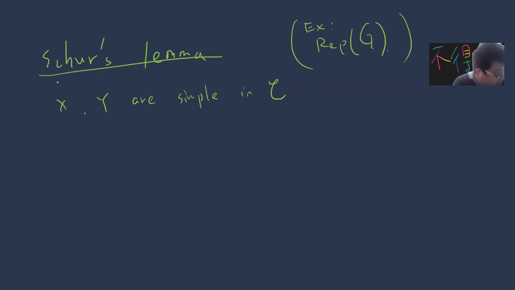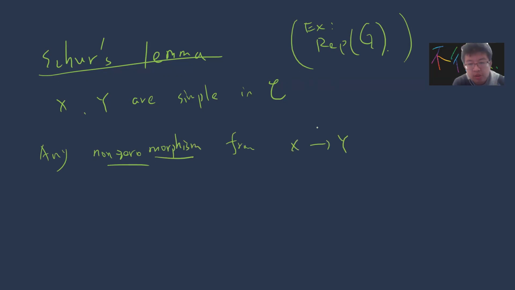The generalized Schur's lemma says that any non-zero morphism from X to Y is an isomorphism.